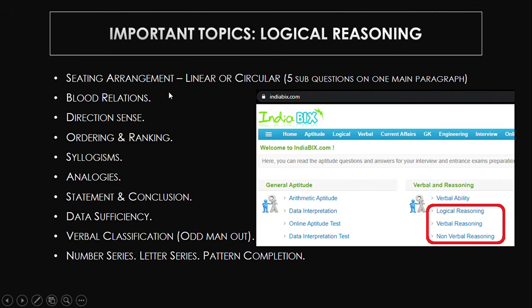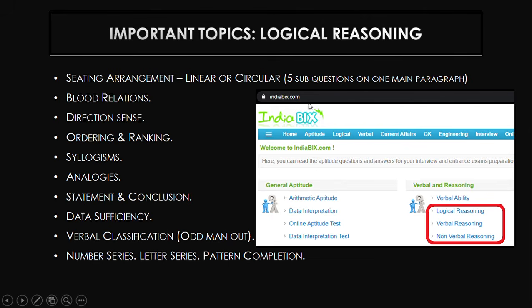After that, obviously, blood relation questions, direction sense, ordering and ranking, syllogisms, analogies, statement and conclusion, data sufficiency, verbal classification, that is odd man out, and number series, letter series, pattern completion. If you want to know where you can practice these problems from, everybody's favorite website, IndiaBix, is there at your service.